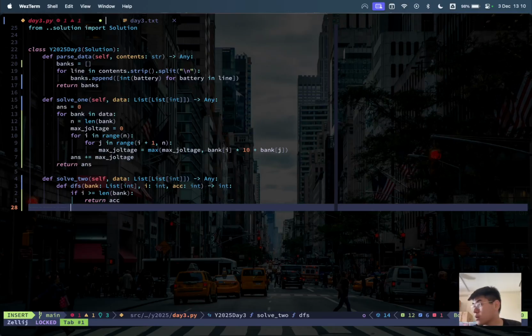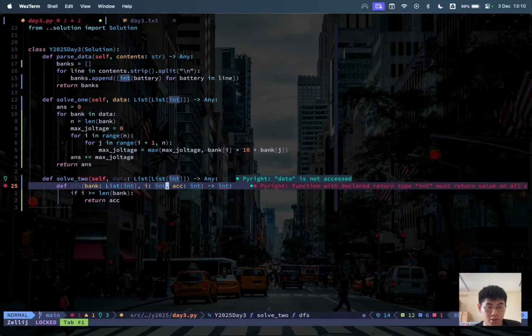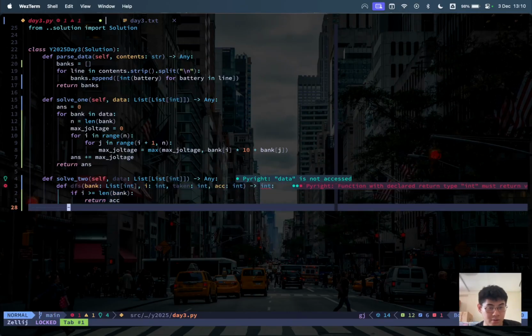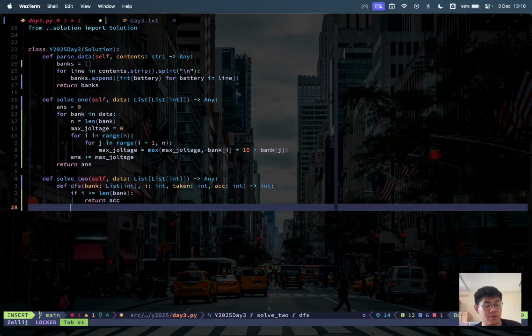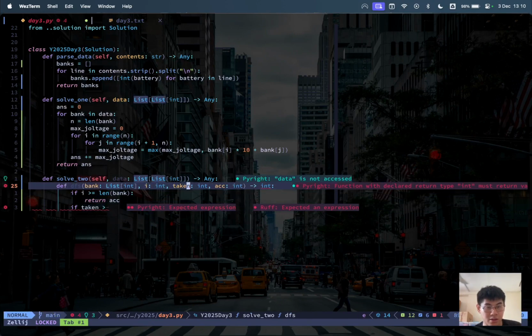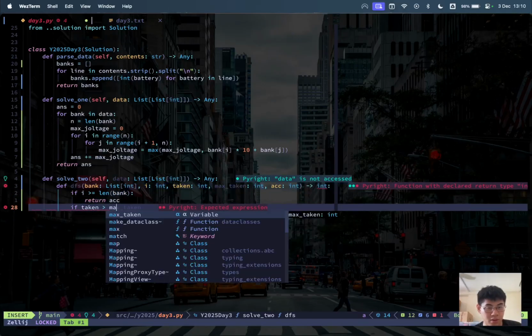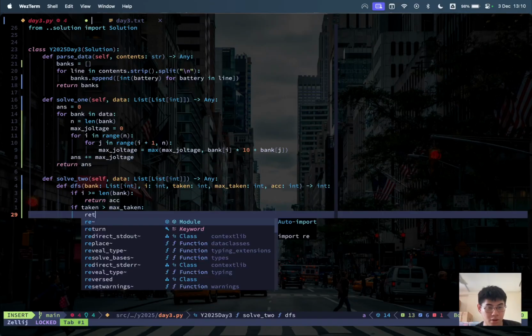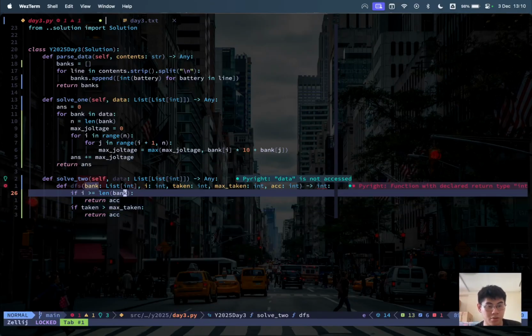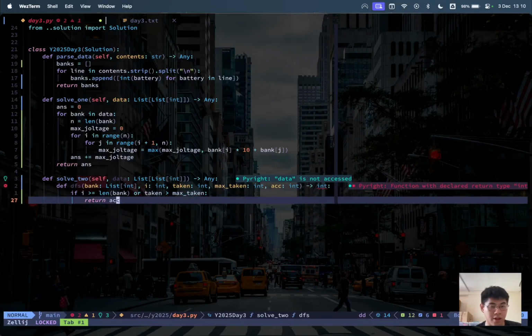And then each time we process this, let's say taken is an int. If taken has already exceeded the max taken, we also return the accumulation.